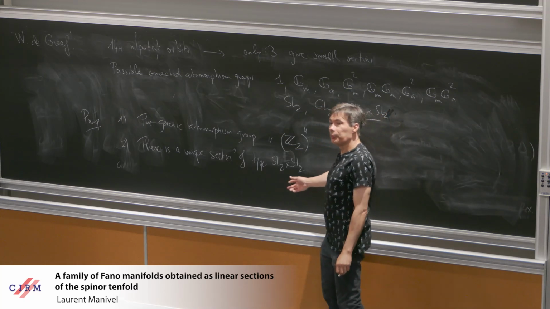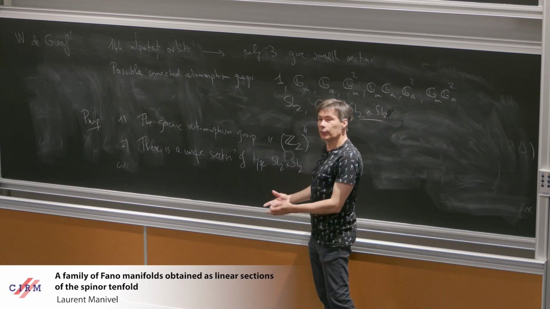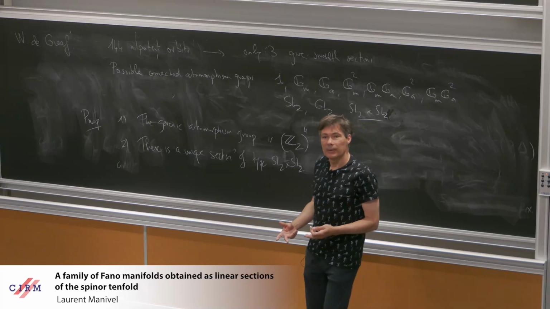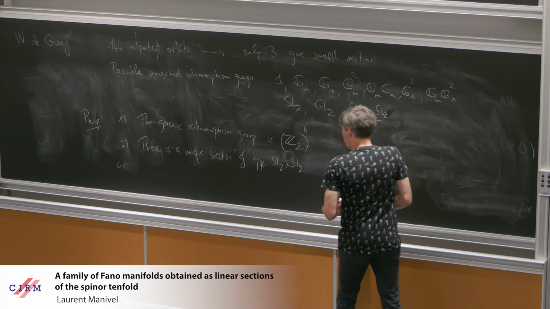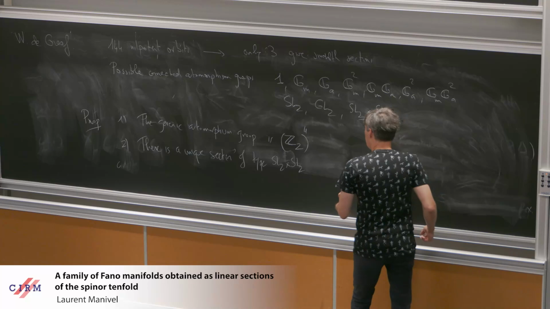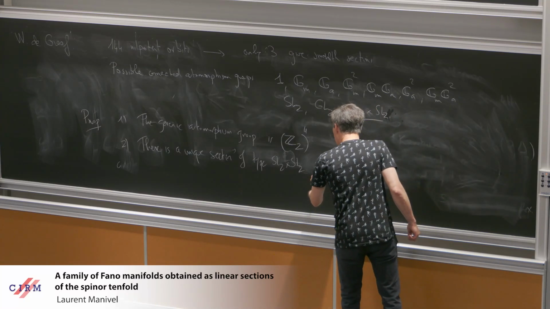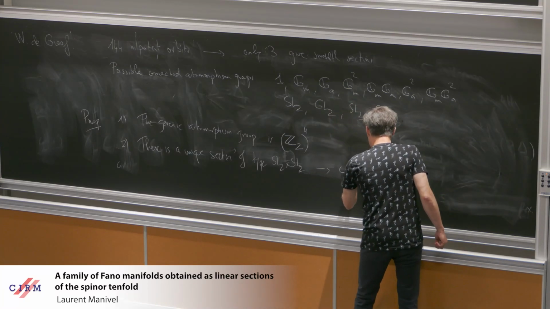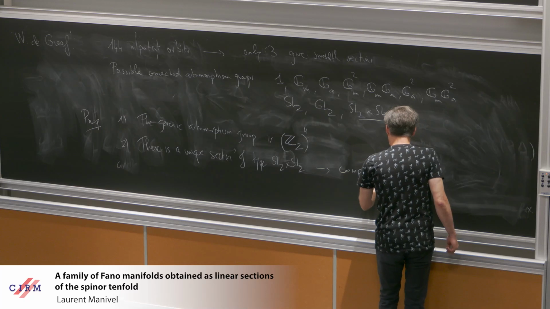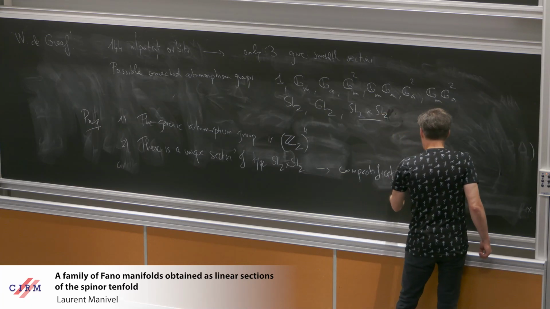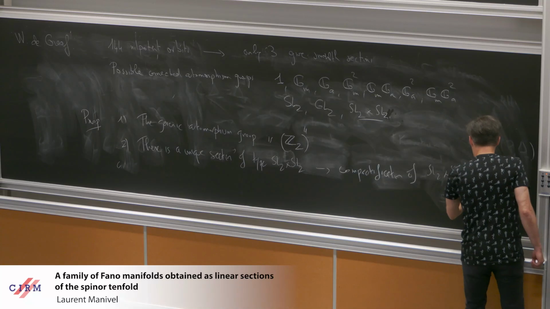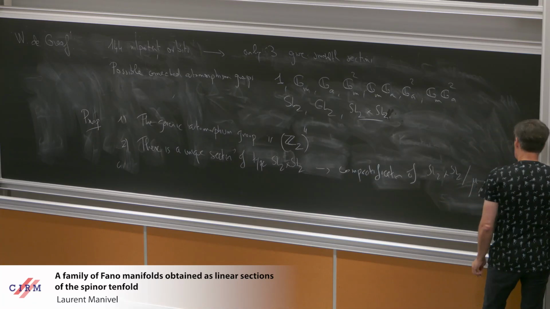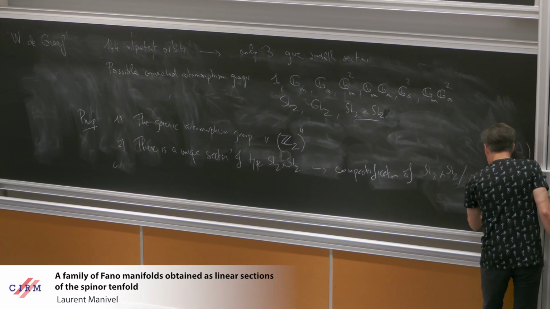And of course, you observe that this has dimension 6, which is also the dimension of the variety. So you can wonder what is the generic stabilizer, and we found that it's a finite group. So it's a compactification of SL2 times SL2 modulo mu 10, the 10th roots of unity.